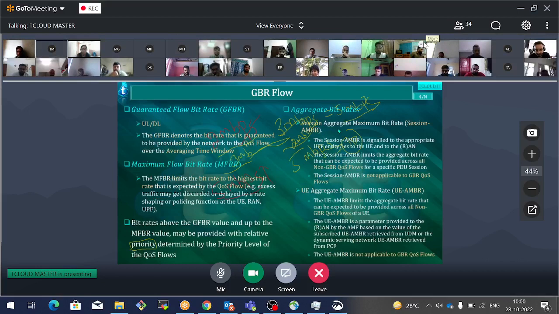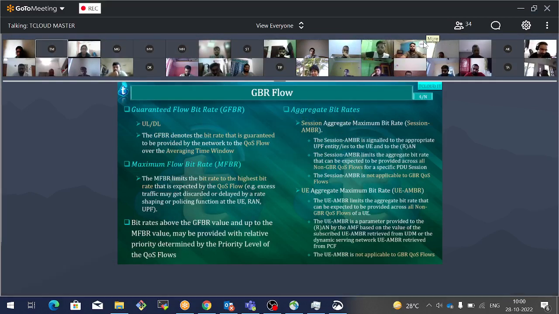What if the subscriber is either downloading more than the maximum flow bitrate or uploading more than the maximum flow bitrate? There is something called traffic policing that will take place in the UPF. UPF will do it for each QoS flow, because UPFs know the QoS flow ID. So UPF can find out for which QoS flow it is already crossing the maximum flow bitrate.